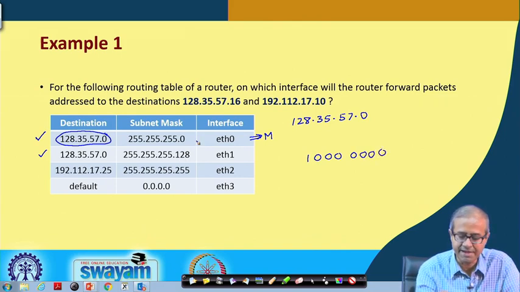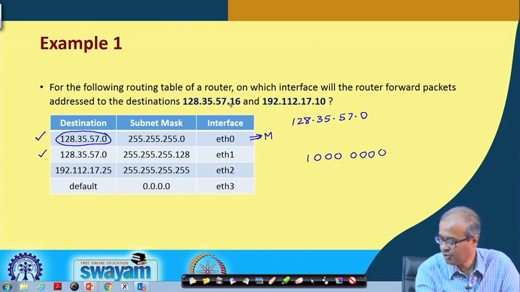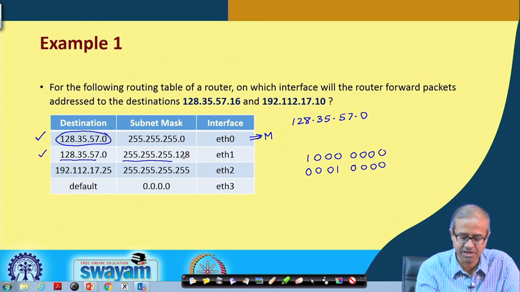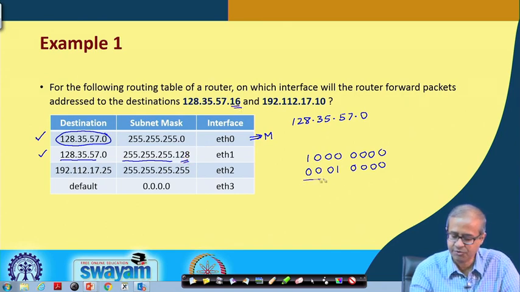Now, this will be ANDed with the last byte or octet, which is 16. 16 is 0001 0000. The first 3 bytes will be the same: if we AND with 255, 255, 255, it will be 128, 35, 57, but the last one, 16, will get ANDed with 128. If you do bit by bit ANDing, you see all are zeros.